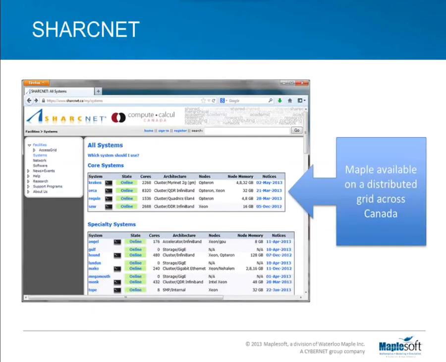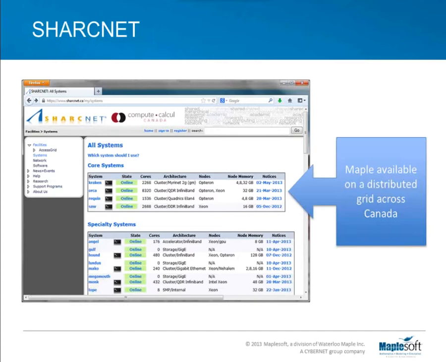And that brings me neatly onto the topic of SHARCNET. SHARCNET is a consortium of Canadian universities who have decided to pool and share high-performance computing resources. Researchers and academics across Canada can log into a website and run parallel programs using one of a range of software tools, and one of those tools is Maple.